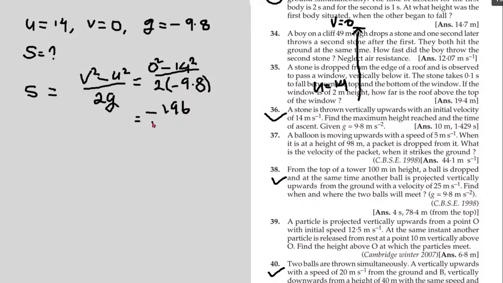Divided by minus 19.6, the minuses cancel, so this will be 10. This is height, and height is length or distance, so it is measured in meters. Don't forget to write the unit. So our maximum height is 10 meters.